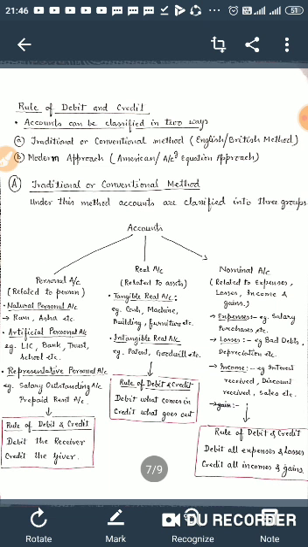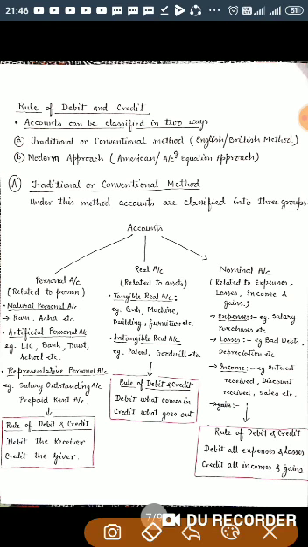This can be understood by understanding the methods. There are two methods of debit and credit. One is the traditional or conventional method, which is also known as the English or British rule.